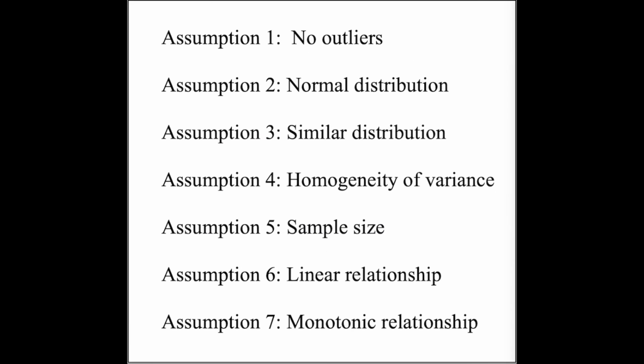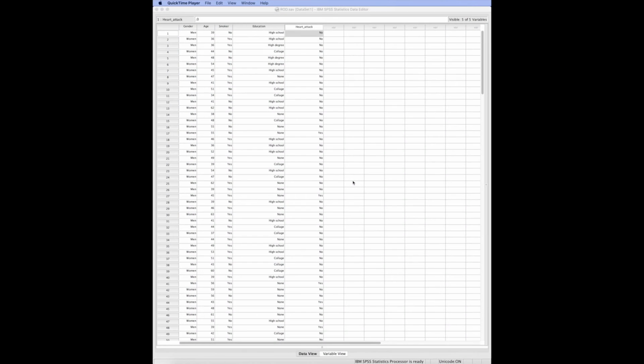Assumption 4. Homogeneity of variance. Tested via Levene's test of equality of variance. It is automatically calculated in SPSS. So, when you perform any of the tests that needs Levene's test as an assumption, SPSS will perform it by default.